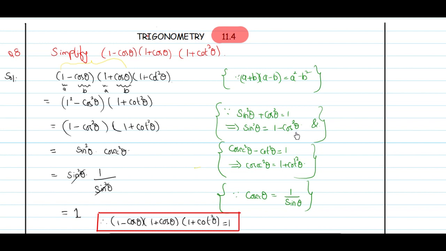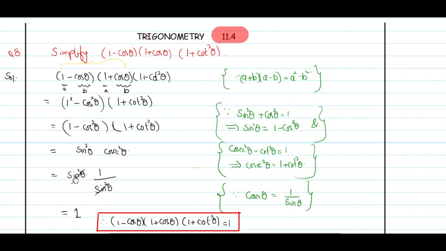So, 1 minus cos square theta, we got as sin square theta. So, we write it here, and then 1 plus cot square theta we have got from this identity, that is cosecant square theta. We know that cosecant is the multiplicative inverse of sine. So, cosecant theta can be written as 1 by sin theta.